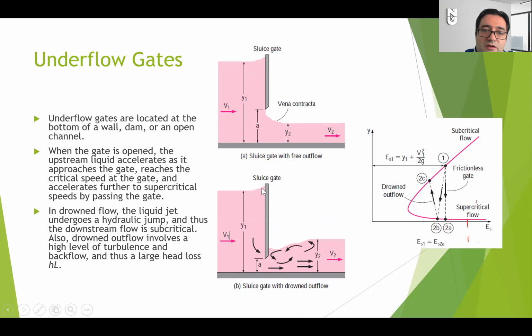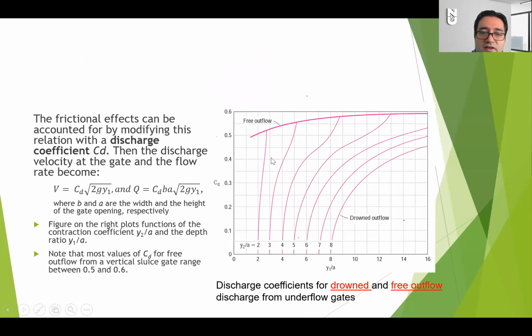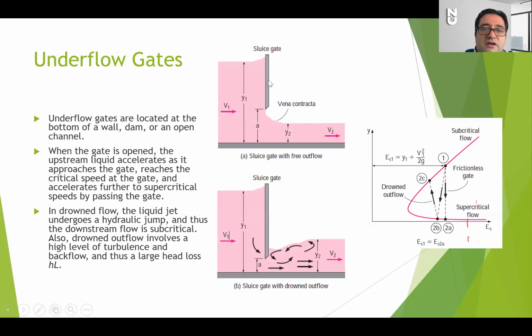It could be any value, and you are going to calculate Y1 over A as a ratio. That's why in this diagram there are no units. If, for example, the water depth is 4 meters and A is 1 meter, it means that Y1 over A is equal to 4.